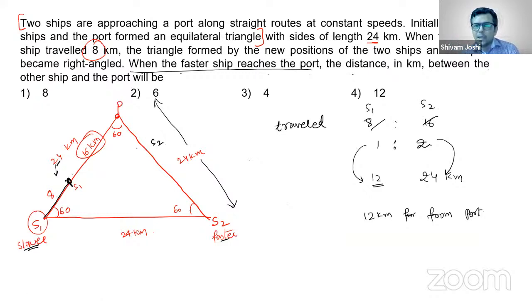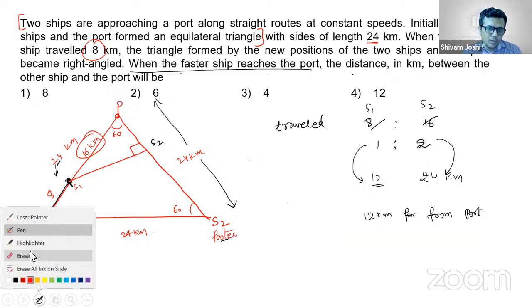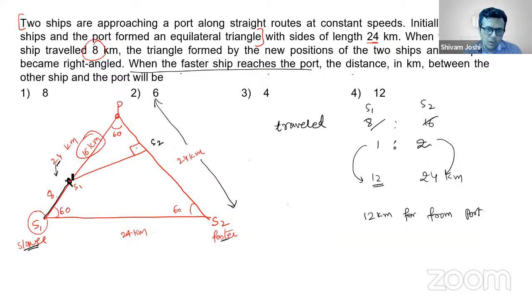S2 makes a right angle triangle. So S2 should be somewhere here so that a 90-degree angle is formed, right? And therefore, if you now focus only on this part, it gives you 30, 60, 90. Correct. With the side opposite to the 90-degree angle being 16, and therefore the side opposite to 30-degree must be 8, right?